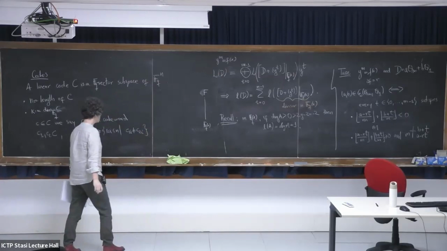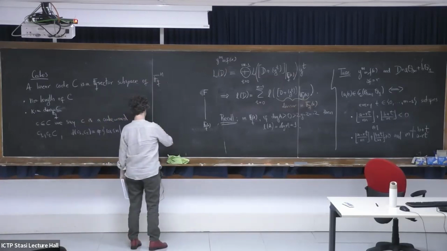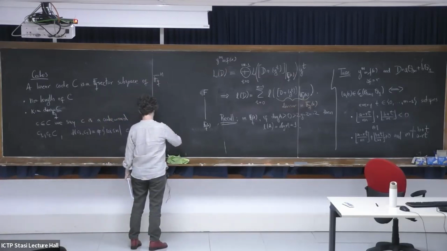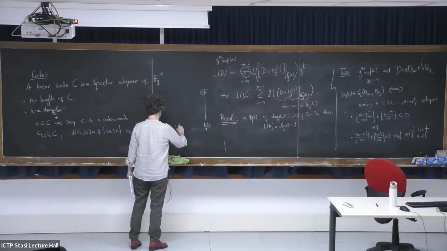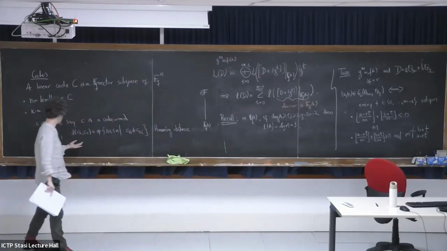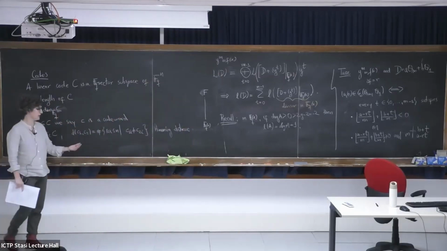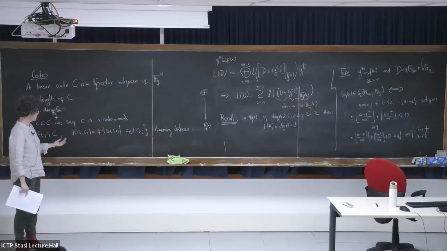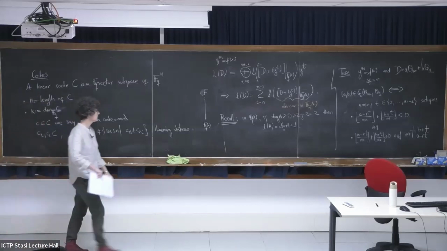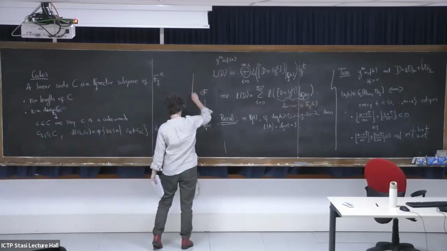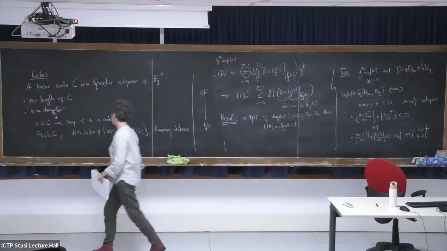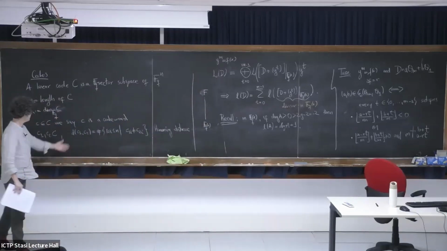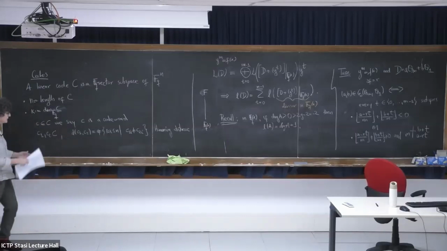This is called the Hamming distance. Hamming introduced this distance, and it really is a distance: it satisfies the triangular inequality and everything you need, like in a metric space.